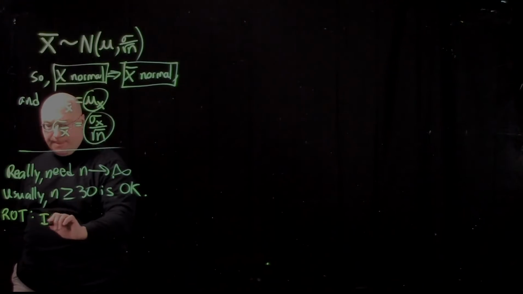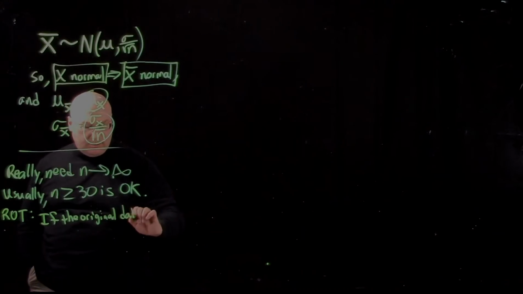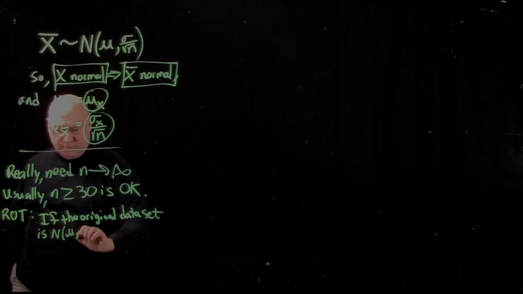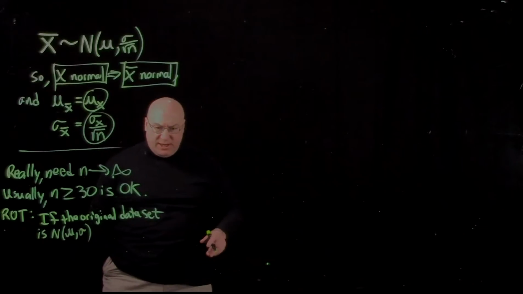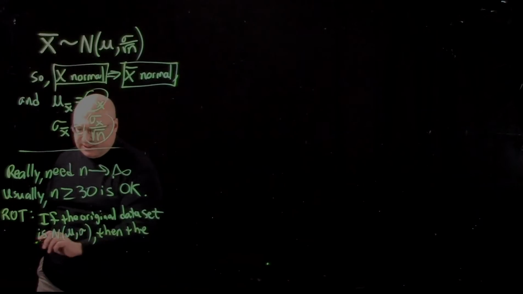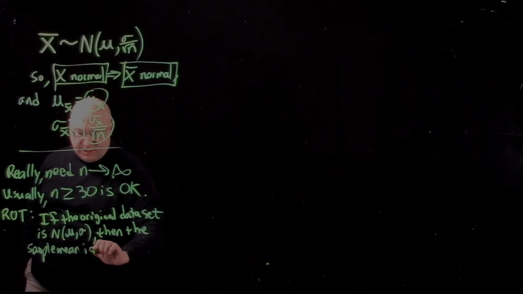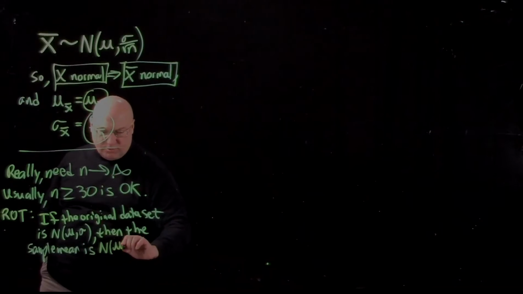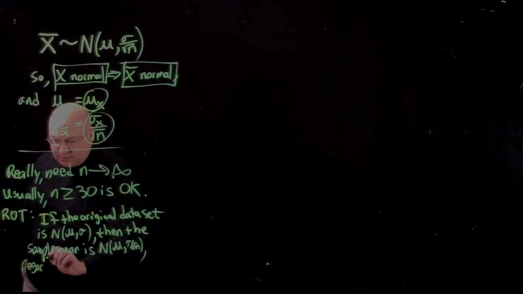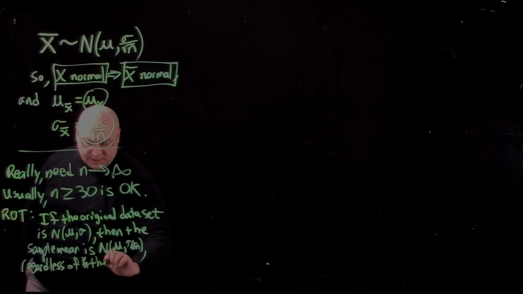If the original data set is normal with mean mu and standard deviation sigma, so it has the bell curve, then the sample mean is also normal, with mean mu and standard deviation sigma over the square root of n, regardless of how big or small n is.